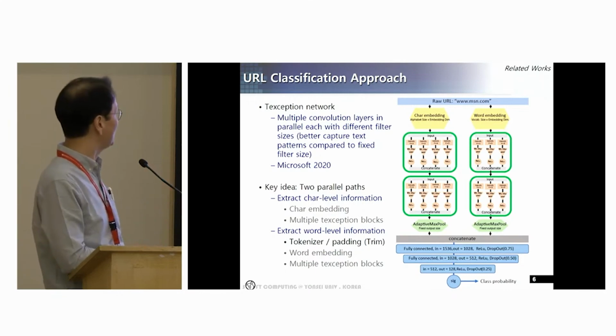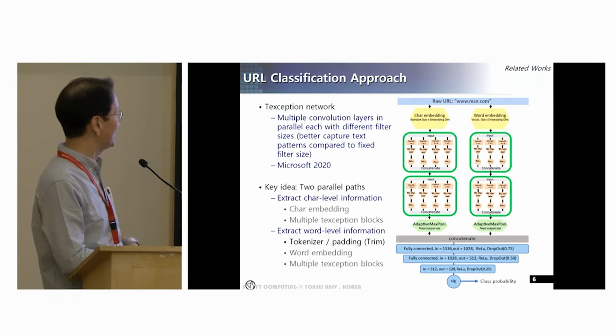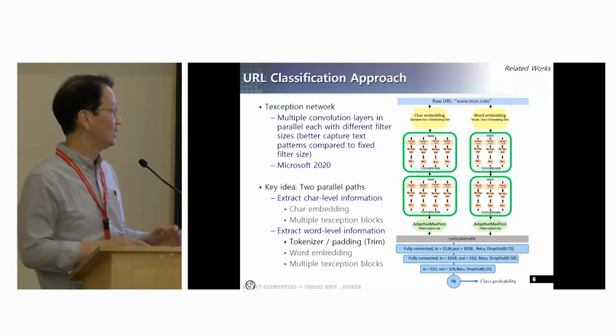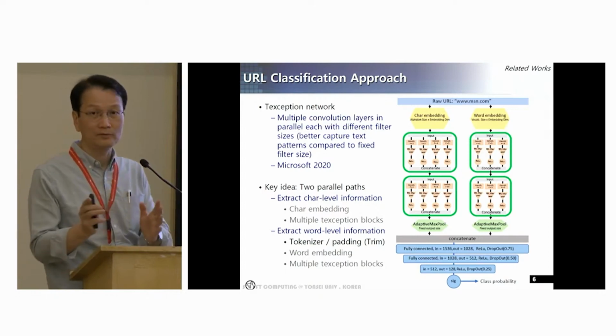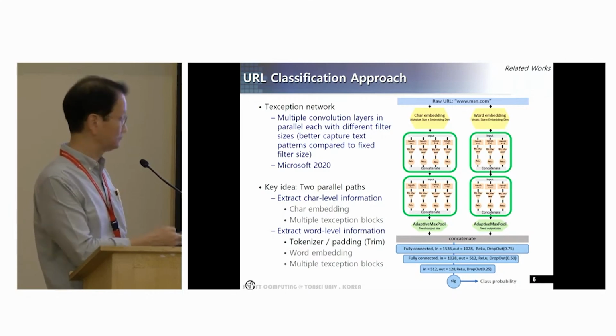The basic idea is to use 2 parallel paths to extract the character level information as well as the word level information at the same time. After these 2 paths, the final embeddings are concatenated into one vector. And finally, the fully connected layers produce the classification result.